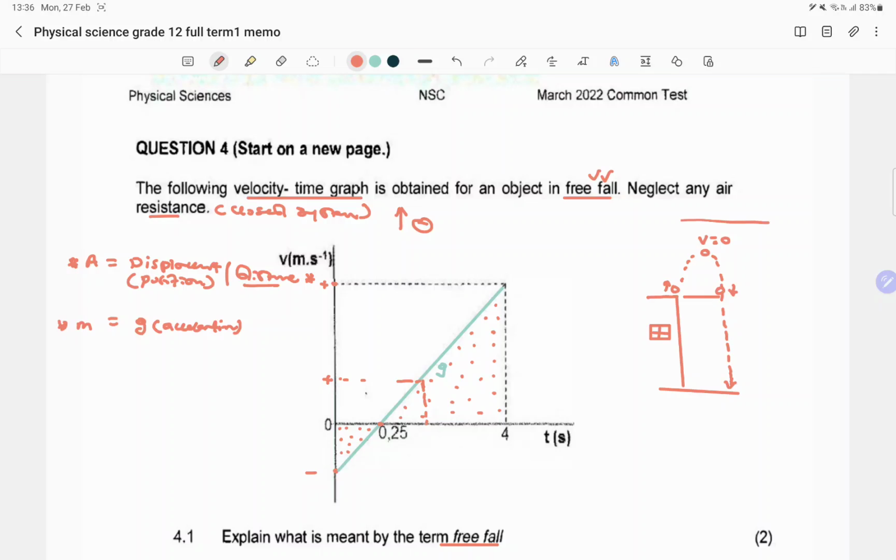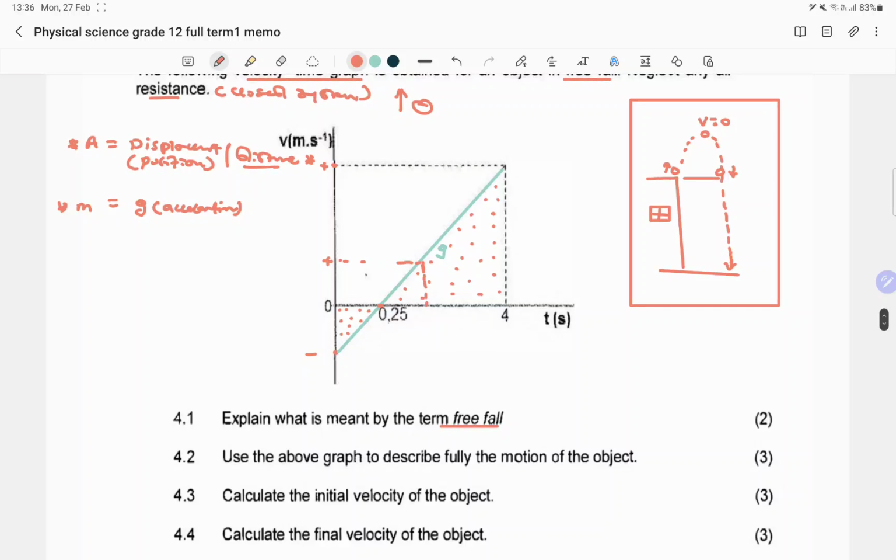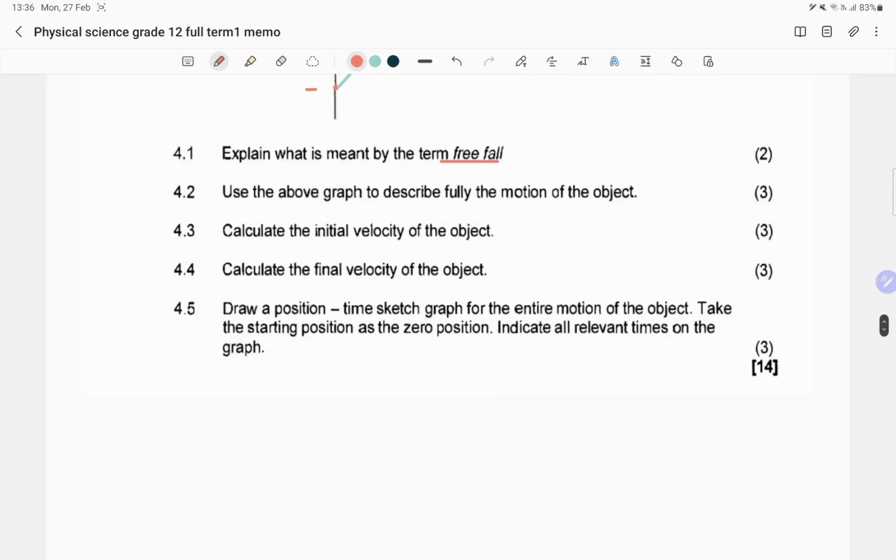So essentially this is our sketch of what is likely happening in this diagram. This is more of a position time graph versus our velocity time graph. Usually this makes more sense than sometimes this would. Anyway, let's define free fall.